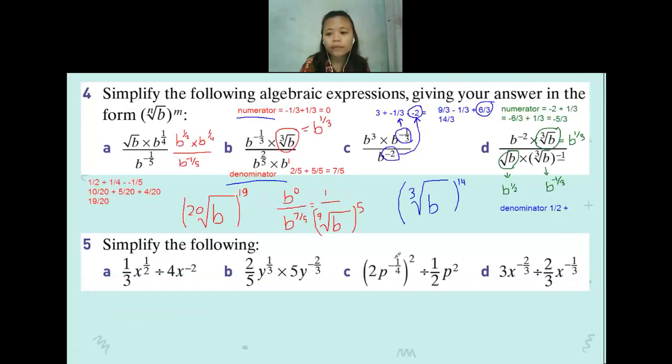Okay, now let us continue. We have to simplify the denominator. It's a half plus by how many? -1/3. So I write -1/3. Now we have to make all the denominators the same. The denominators are 2 and 3, so it will be out of how many?